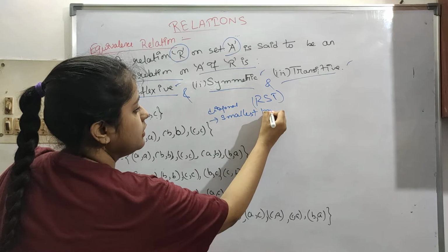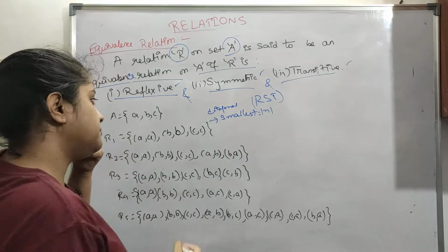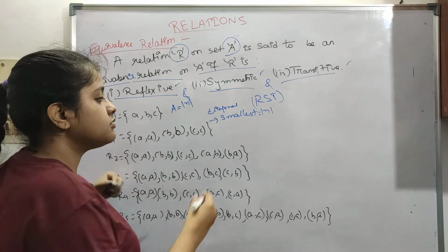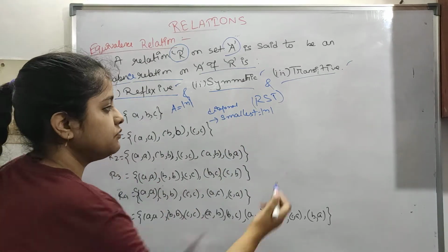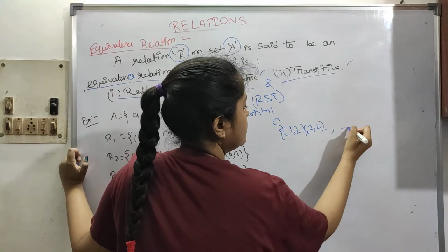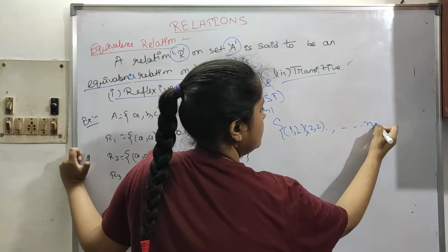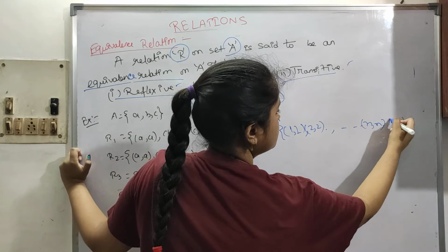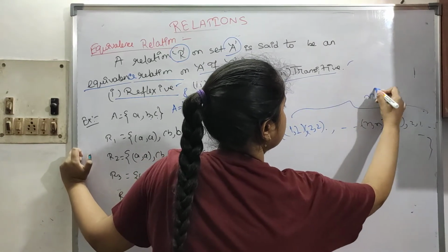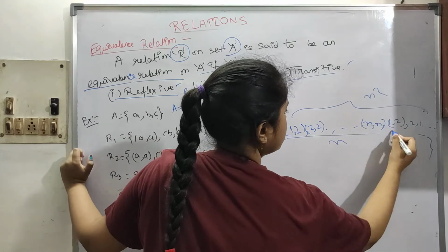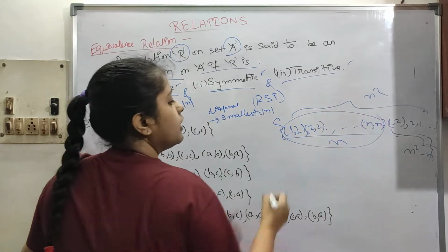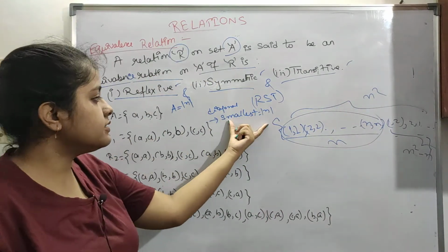If the cardinality of the set is n, the smallest will contain n elements. The total is n squared, the diagonal part is n, and the rest is n squared minus n. So the smallest one is n.